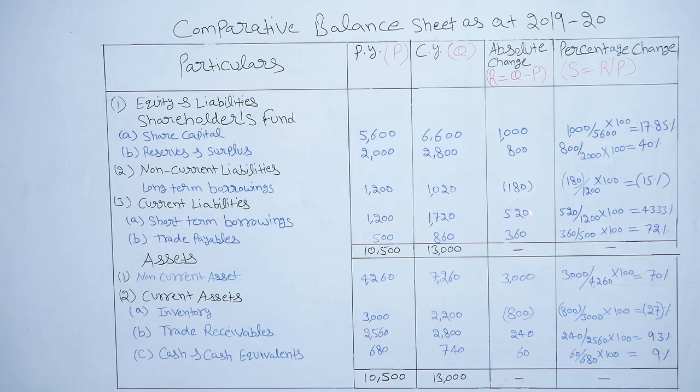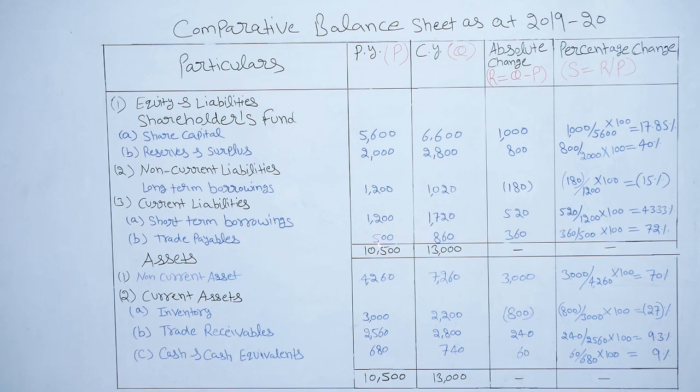Now we have to calculate percentage change. How do we calculate? Absolute change divided by previous year. So the absolute change 520 divided by previous year 1,200 into 100 is equal to 43.33%. It means short-term borrowings has increased by 43.33%.